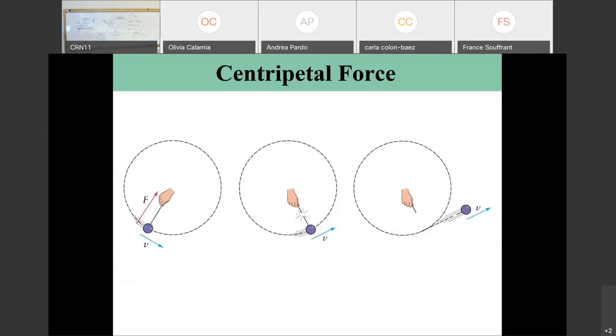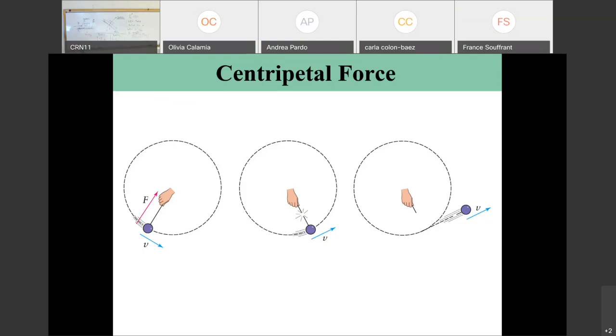Centripetal force. In a centripetal force, guys, which is inherent to circular motion, there is an acceleration because the object is changing direction as it goes around the circle. This happens in the merry-go-round. This can happen in a case like the one you are seeing there. Satellites orbiting the planet, right?